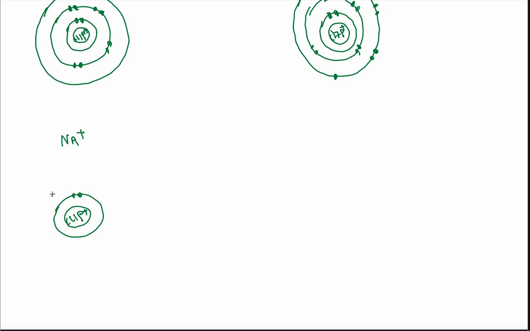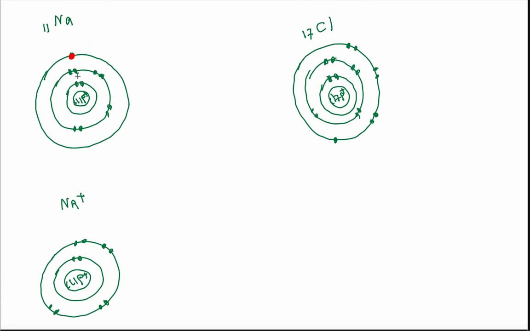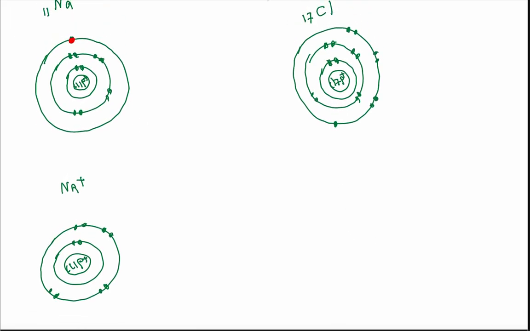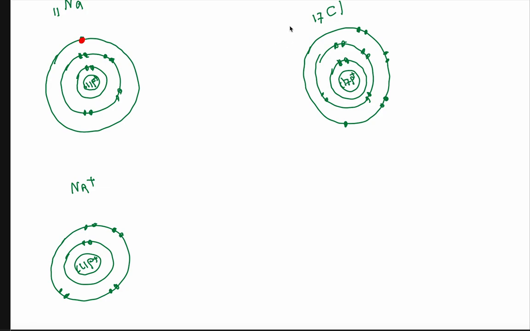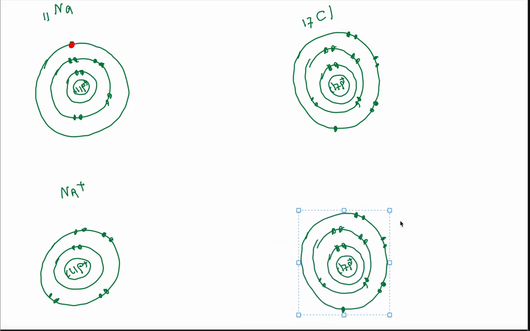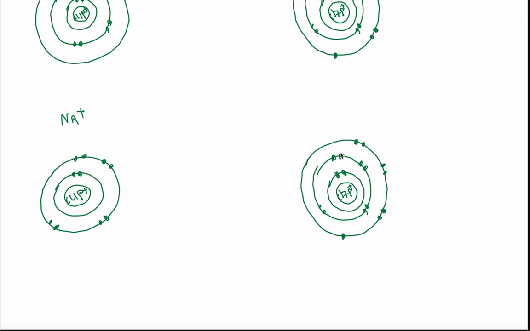So here is 2, and the next one is 8. So this is Na plus. It lost the sole electron that it has in its outermost shell, and chlorine is going to receive this electron. So I'm just going to copy paste here. This is Cl minus.